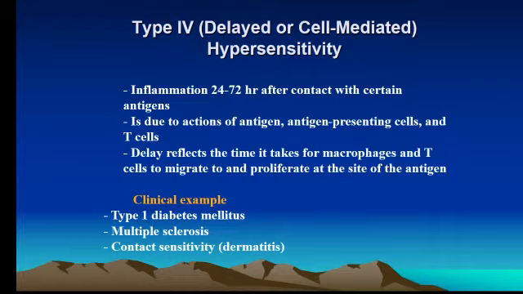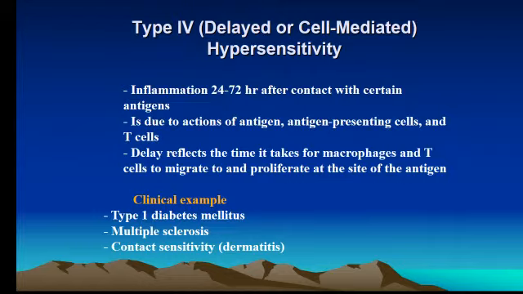So this is the time it takes the macrophage to travel. It takes time, and the time could be between 24 to 72 hours after contact with a certain antigen. Clinical examples.